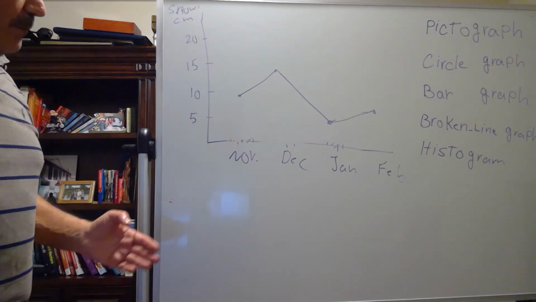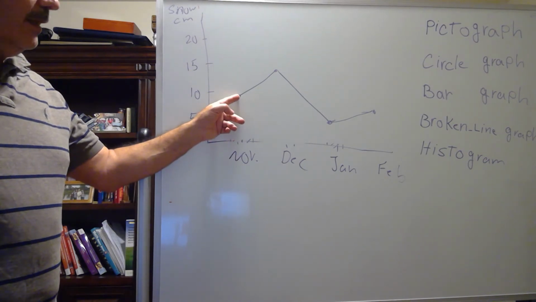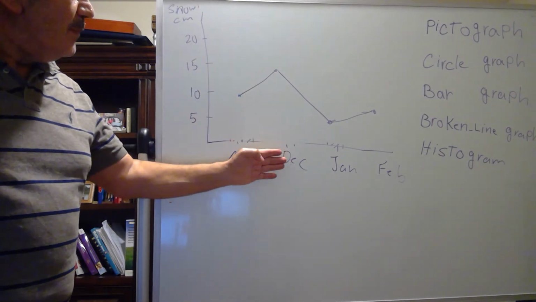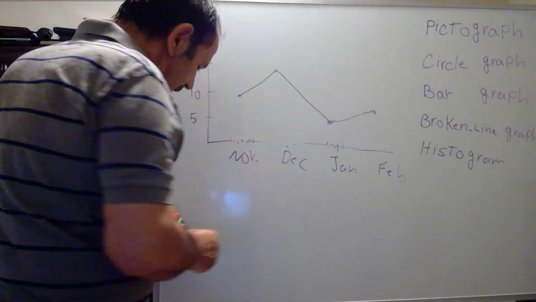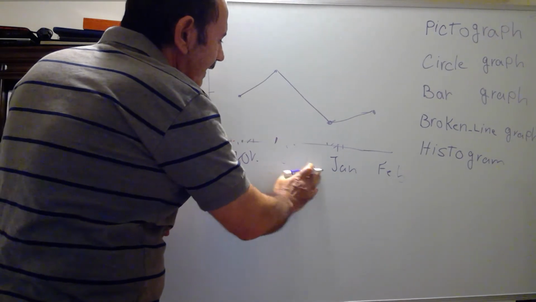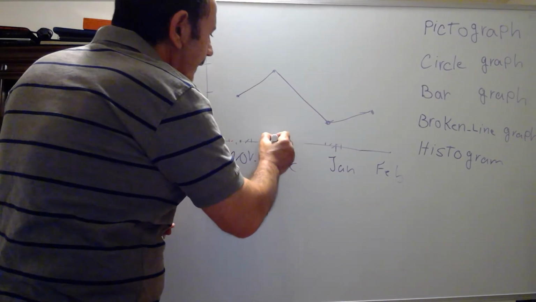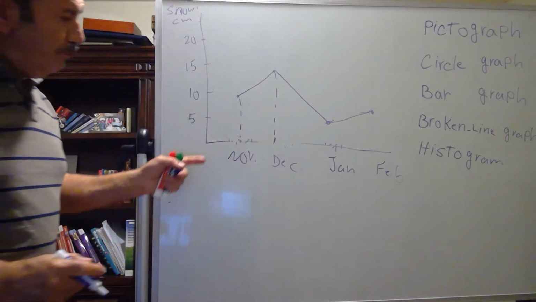But remember, the data for November is 10. The data for December, as an example, is 15. The data for December is here, and then November is 10.